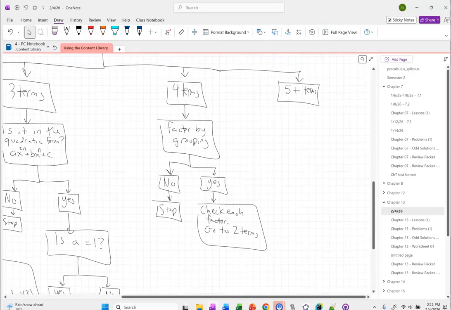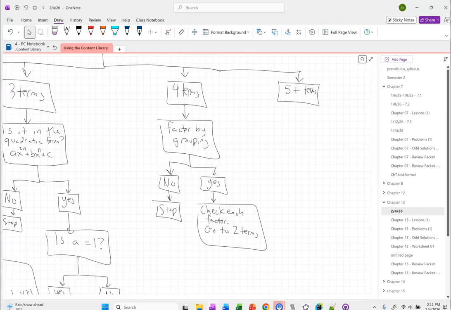So if it's 4 terms, we're going to try factor by grouping.